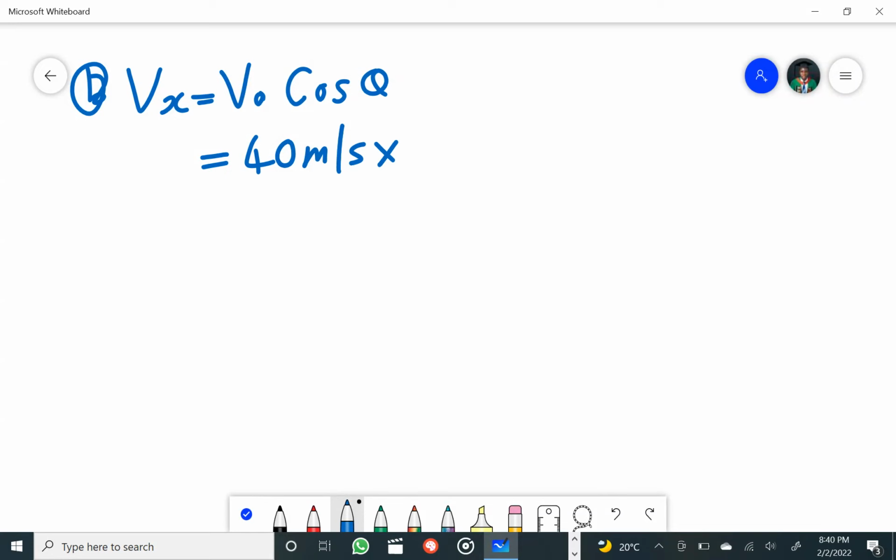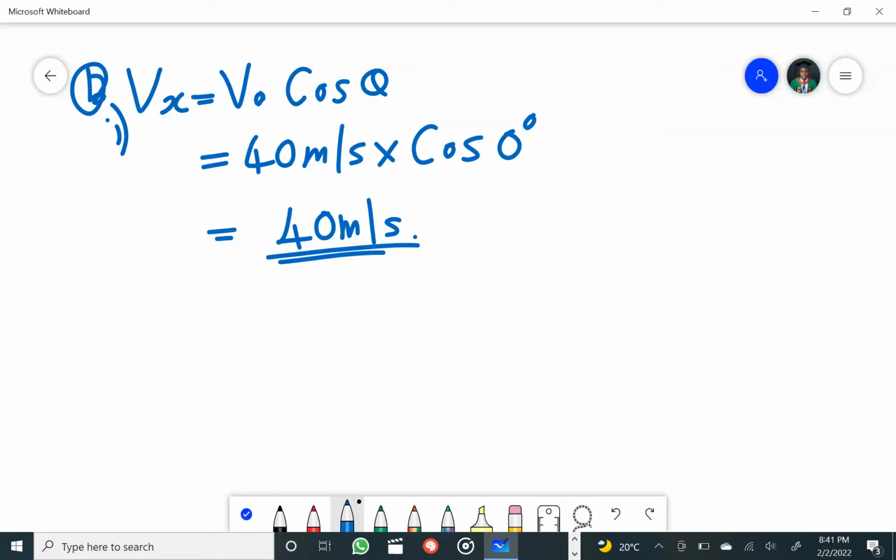Then what was the angle? The angle, we said it was 0, so cos 0. What's cos 0? It's 1. So it was 40 meters per second. Again, this makes sense because in the horizontal, the velocity is constant. Okay, is everyone clear?